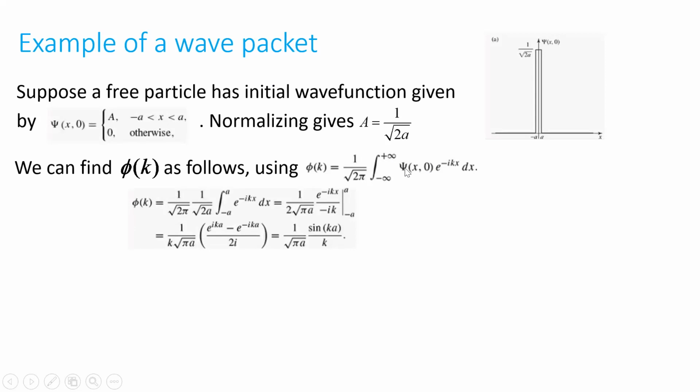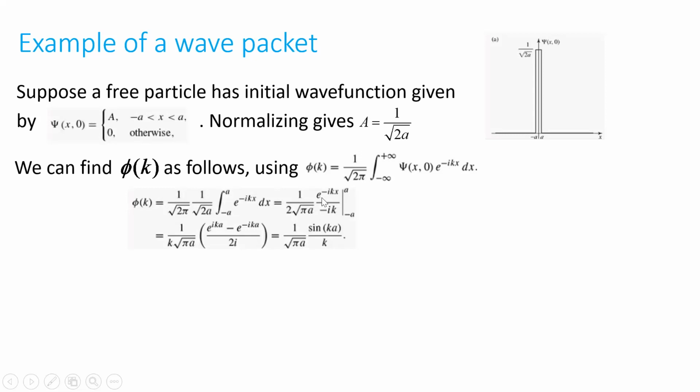Since psi is 0 outside minus a to a, the limits of integration just become minus a to a. And then we bring out the 1 over the square root of 2a for the wave function. And then we're left with the integral from minus a to a of e to the minus ikx.